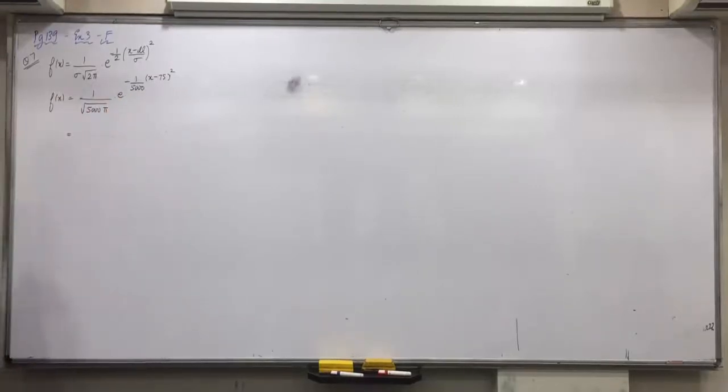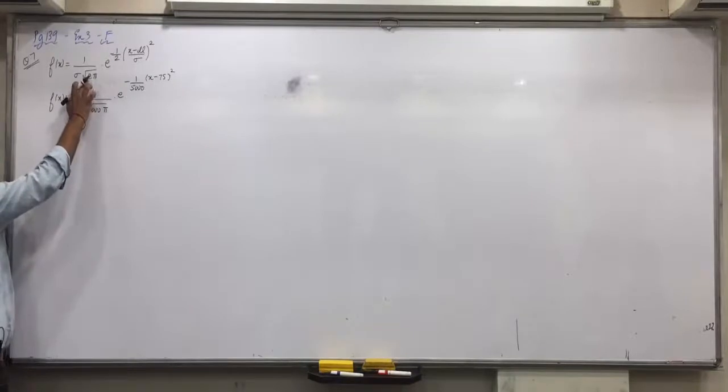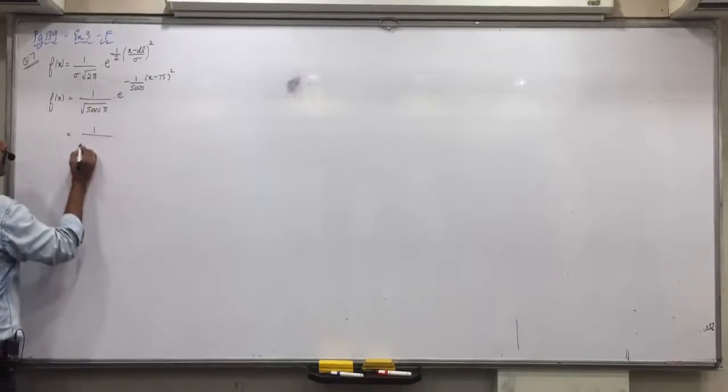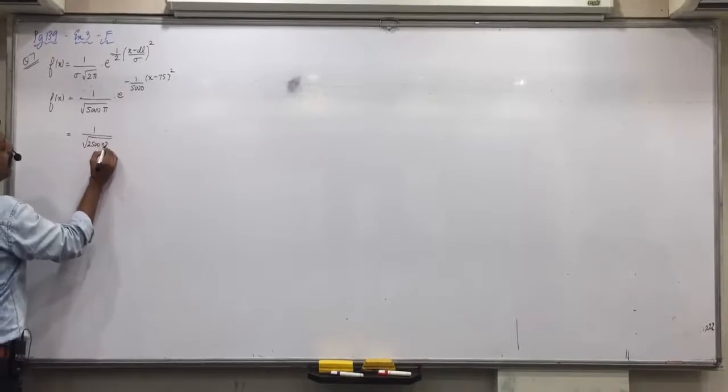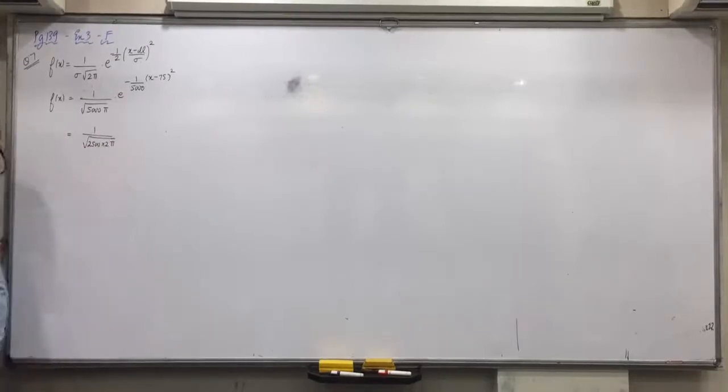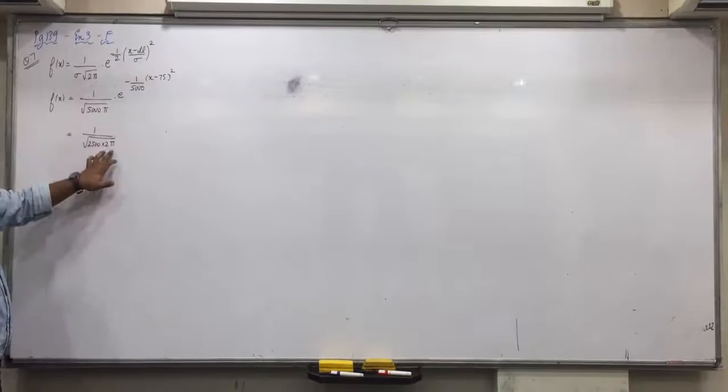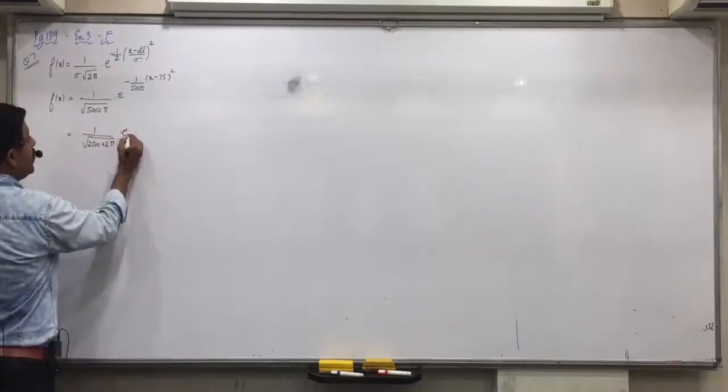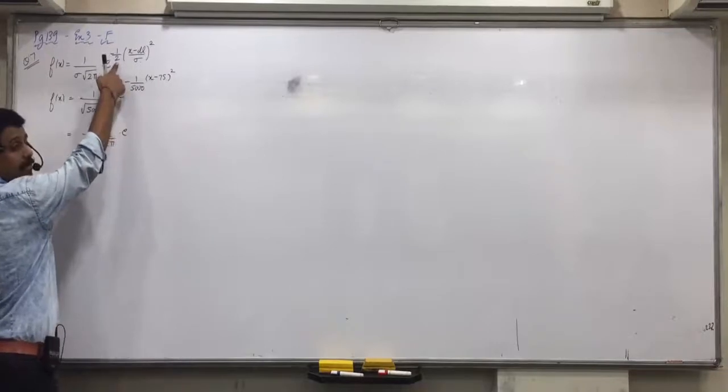First of all, in 5000 if I separate out 2, can I write it as 1 upon square root of 2500 into 2 pi? So at least 2 pi is obtained. Any confusion? Into e raised to, again here I want 2.